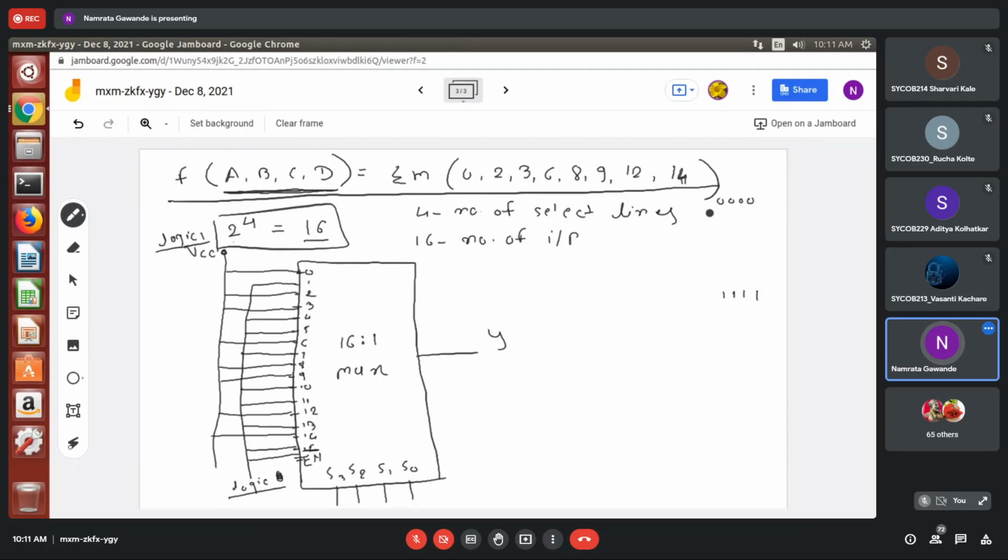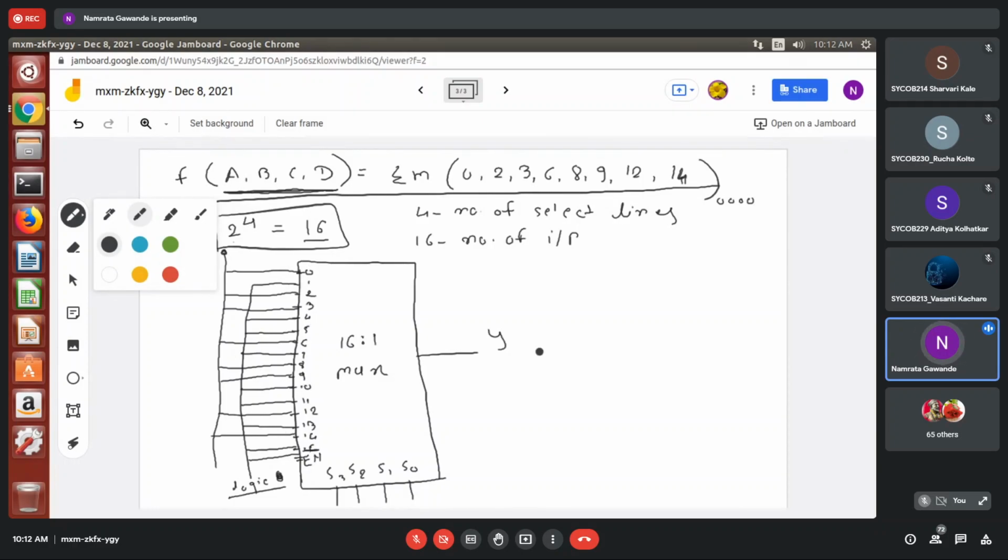Now there are four select inputs S0, S1, S2, S3. Based on these, any one of the inputs will be selected, and whichever data input has a value of logic 1, those inputs only will be selected.